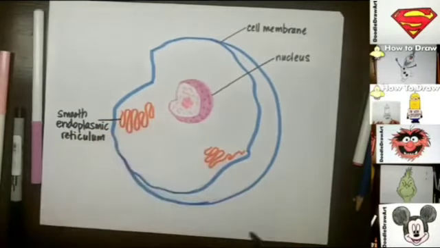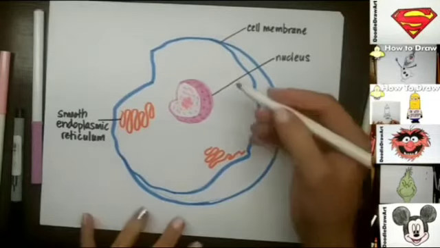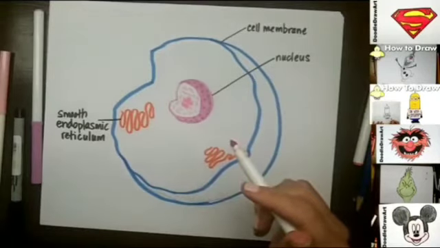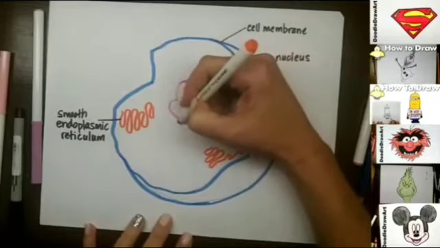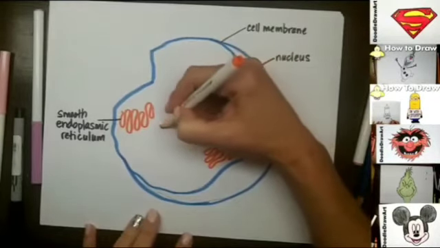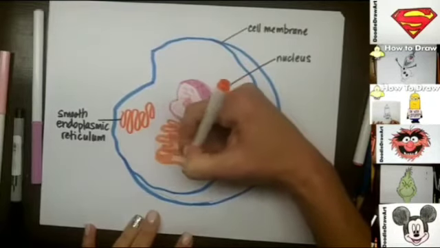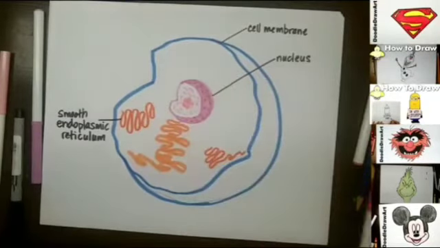Great. Then there's another kind of endoplasmic reticulum called the rough endoplasmic reticulum, and that one has little ribosomes all over the outside. So we're going to draw that one here. Let's just draw this big rough endoplasmic reticulum here, and we're going to make some ribosomes on it.